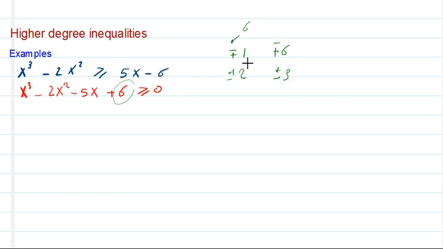So we always start checking with the simplest one, let's begin with plus 1. Substitute here 1 cubed minus 2 times 1 squared minus 5 multiplied with 1 plus 6. Is it equal or greater than 0? Let's find out.